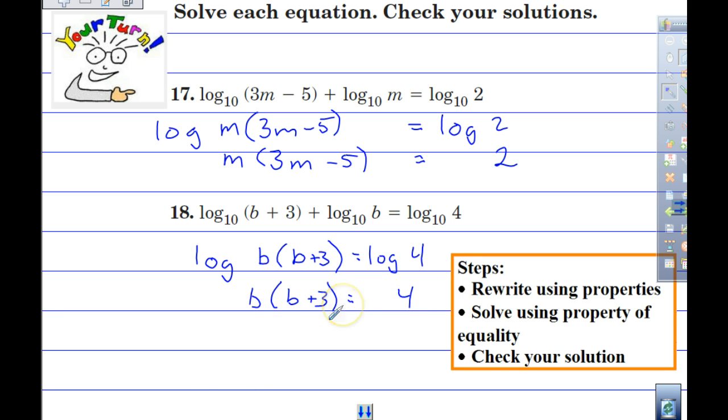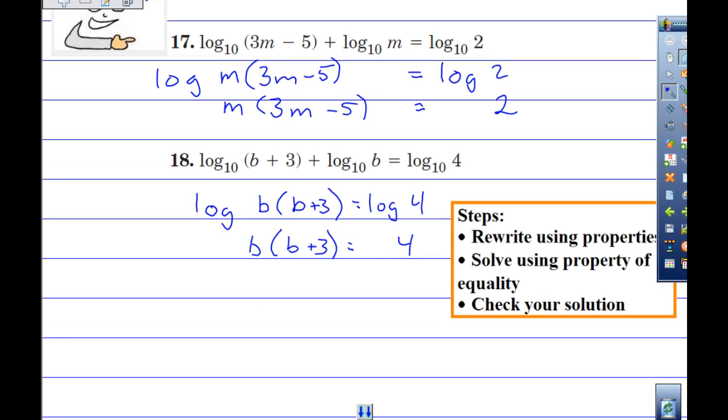So real fast just turns into a quadratic to solve. Again, these are numbered the same way they are on the worksheet. And just for kicks, b squared plus 3b minus 4 equals 0. I did 2 steps there. I distributed this, and I subtracted 4 on both sides, so it's equal to 0.